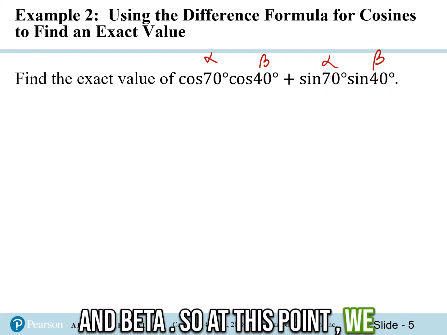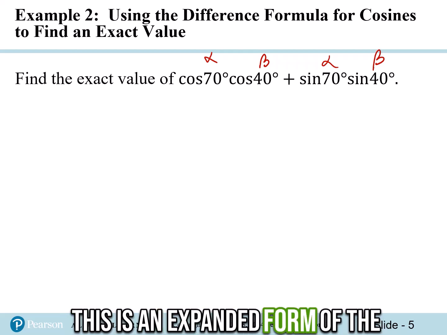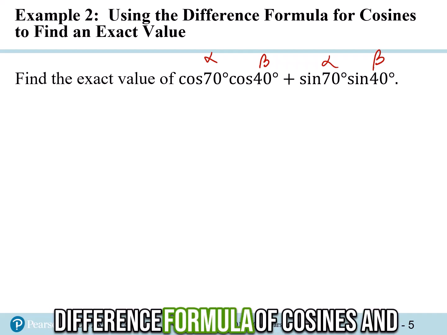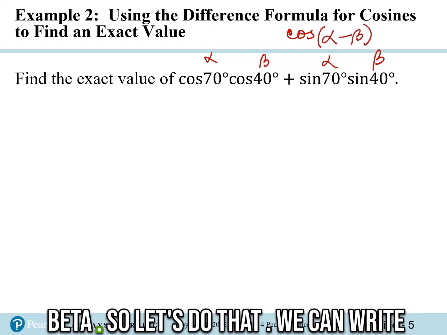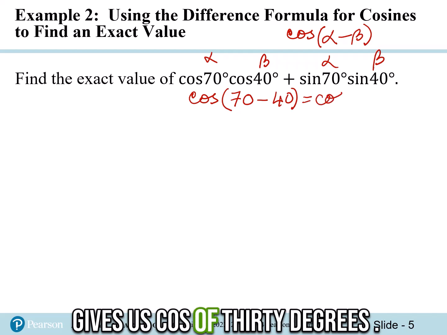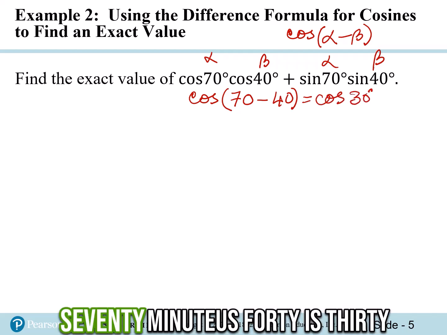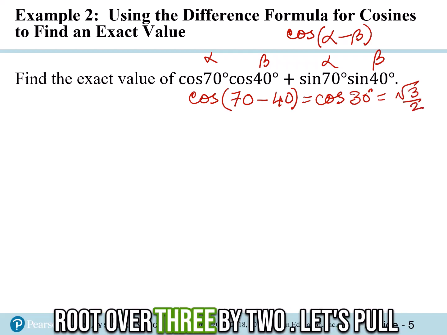So at this point, we should be able to recognize that this is an expanded form of the difference formula of cosines and can be written as cos of alpha minus beta. So let's do that. We can write cos of 70 minus 40, which gives us cos of 30 degrees. 70 minus 40 is 30 degrees, which has a ratio of square root of 3 by 2.